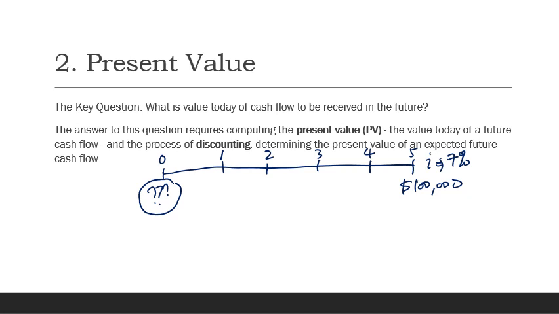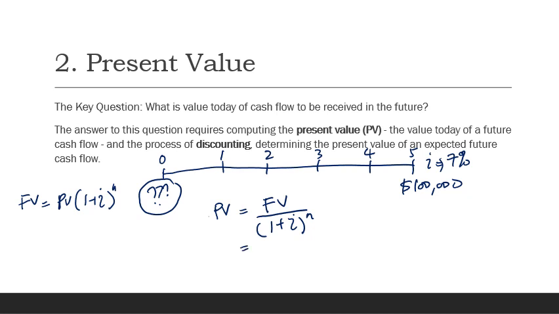Okay, so future value, present value. The formula for future value is present value times 1 plus i to the power of n. So present value will be FV divided by 1 plus i to the power of n.